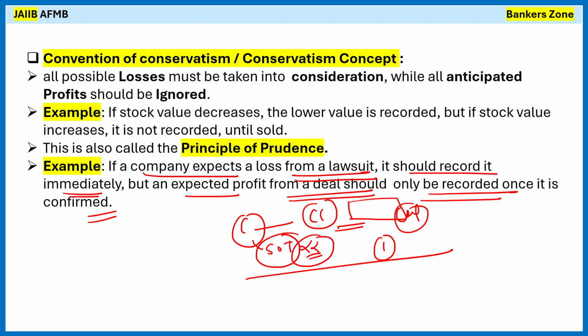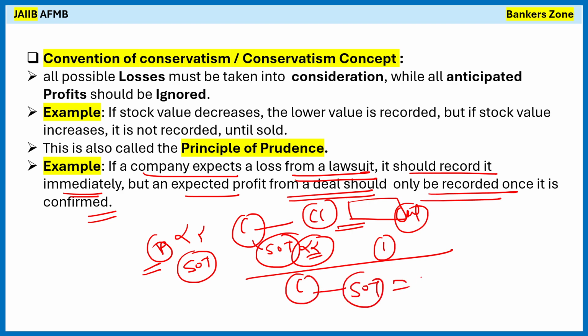So the 50,000 you have saved, but you should not record it as a profit. In another case, the court may order you, instead of 50,000, to deposit a fine of 1 lakh rupees. So it is against you. That additional 50,000 you have to pay to the court must be recorded immediately as a loss.